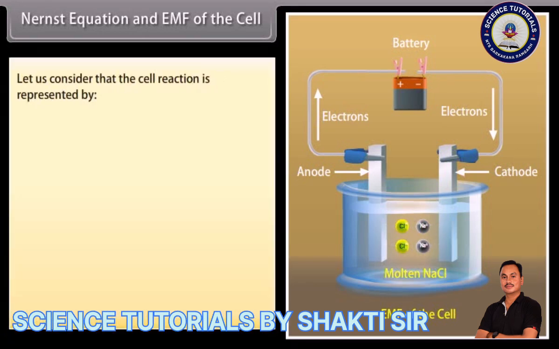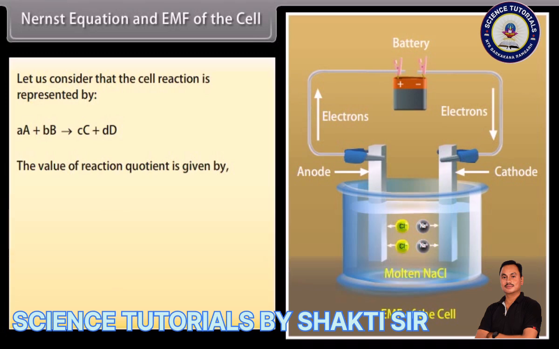Let us consider that the cell reaction is aA plus bB gives cC plus dD. The value of reaction quotient is given by Q is equal to C raised to the power c into D raised to the power d divided by A raised to the power a into B raised to the power b.